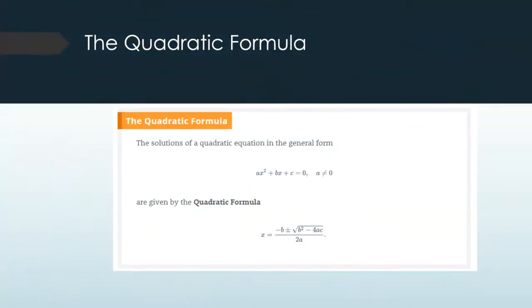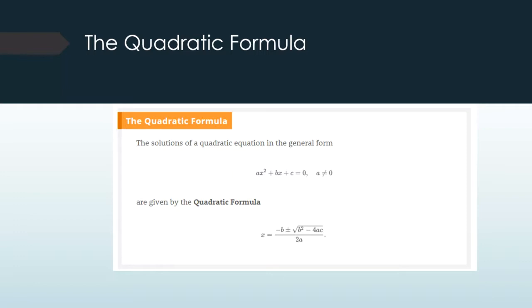So those are the two examples of completing the square, and now I'm going to move into the quadratic formula, which is basically derived by completing the square. The quadratic formula you can use for any type of solving of a quadratic, just like completing the square works for any type of quadratic.